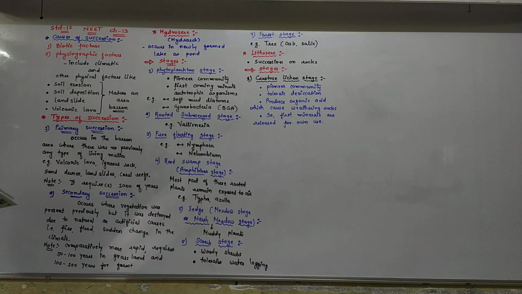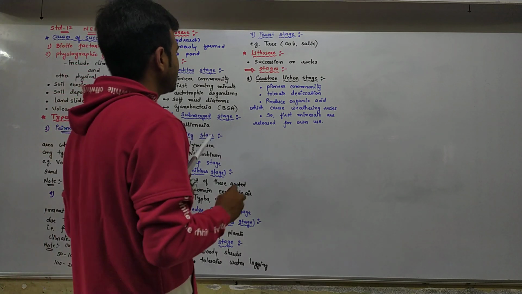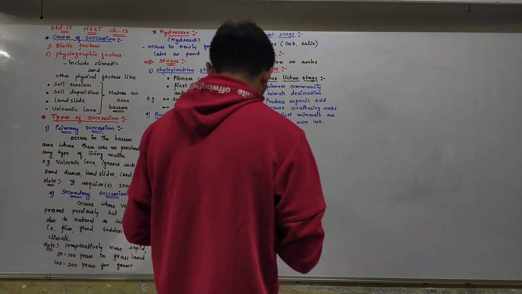It releases the first minerals for own use. So first stage is known as crustose lichen.